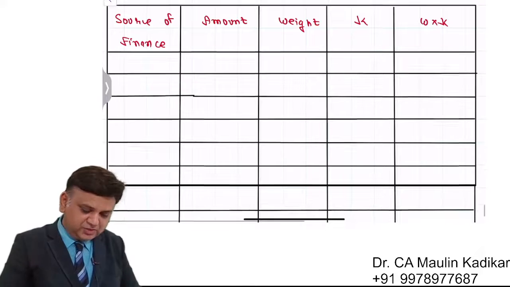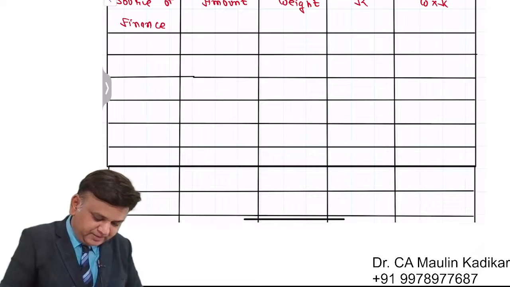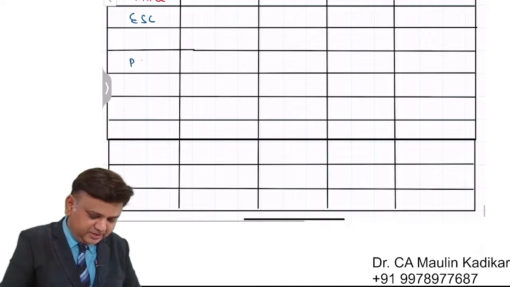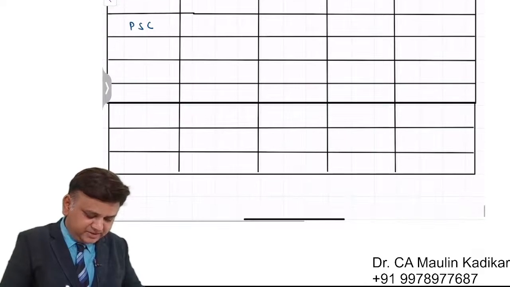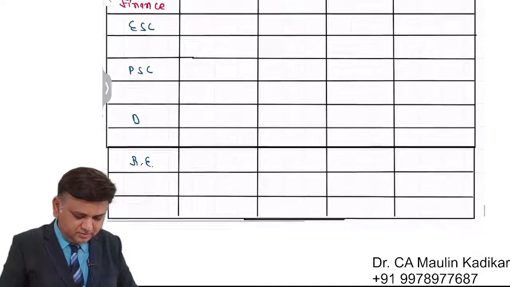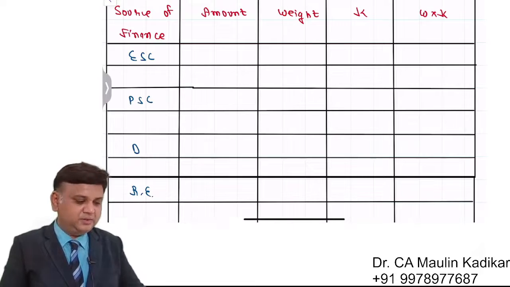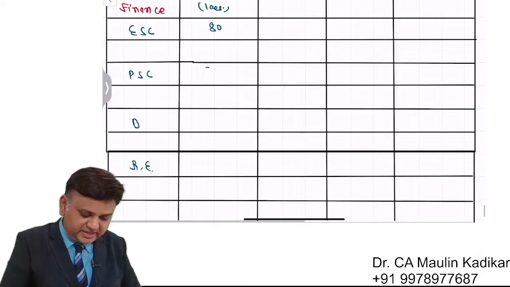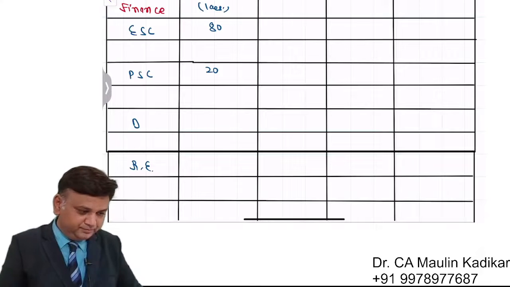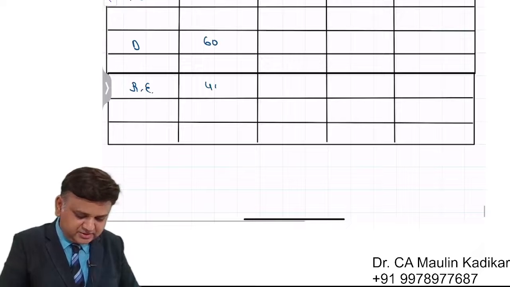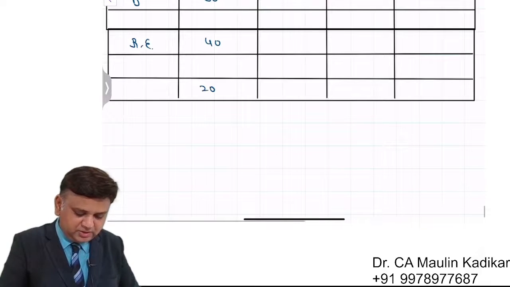So in the source of finance column we will have equity share capital, then preference share capital, then debentures, and then retained earning. Amount is 80 lakhs, then 20 lakhs, then 60 lakhs, then 40 lakhs. Total is 200 lakhs.